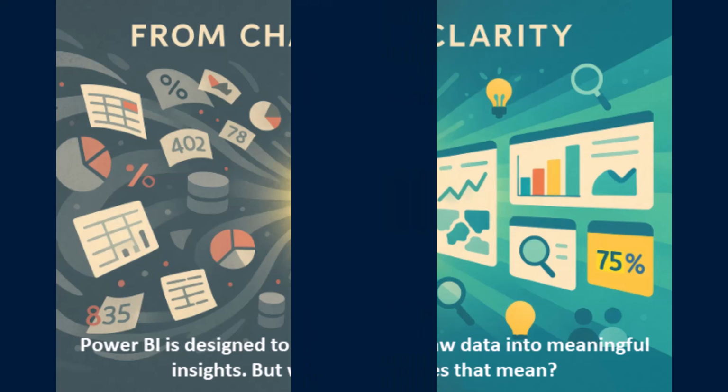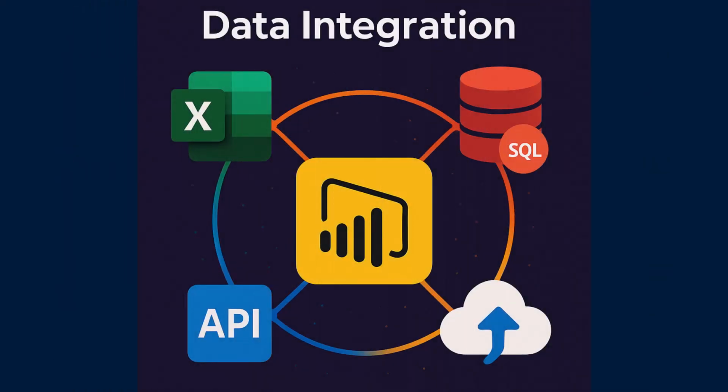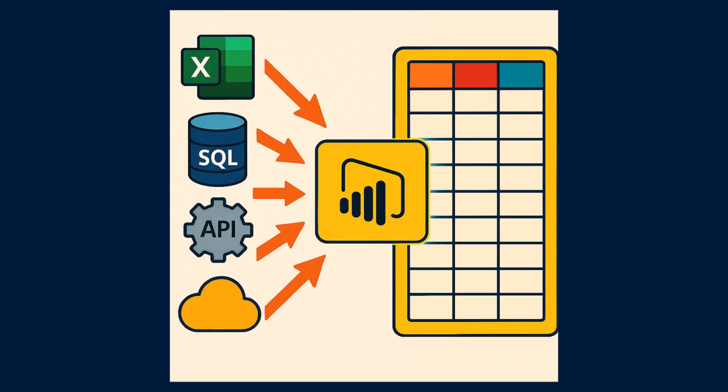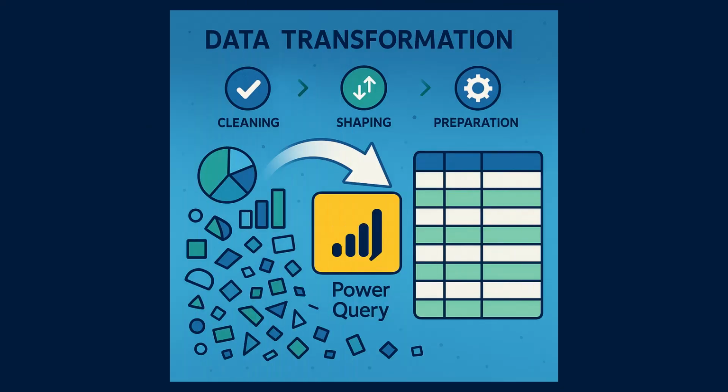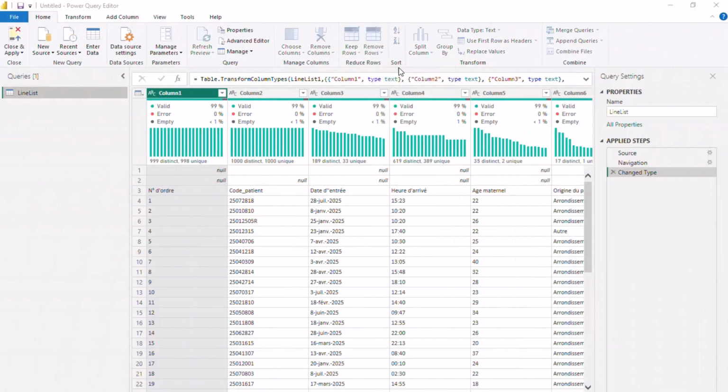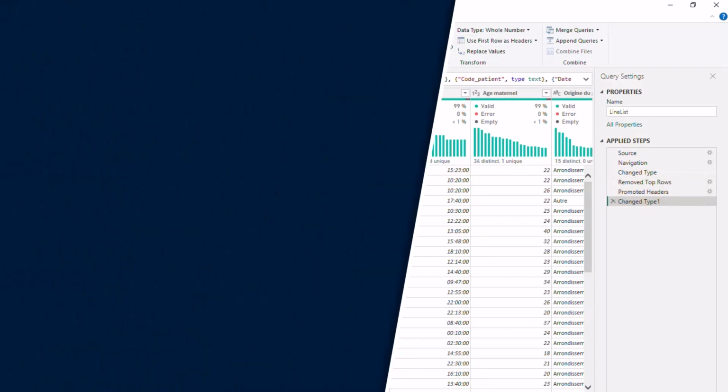Let's break it down. First, data integration. Power BI connects to multiple data sources: Excel, SQL databases, APIs, and even cloud services, bringing all data together in one place. Next, data transformation. With Power BI, you can clean, shape, and prepare your data so it's ready for analysis.